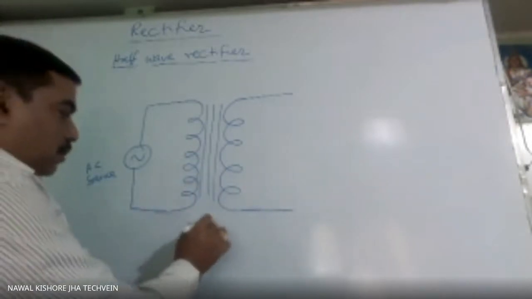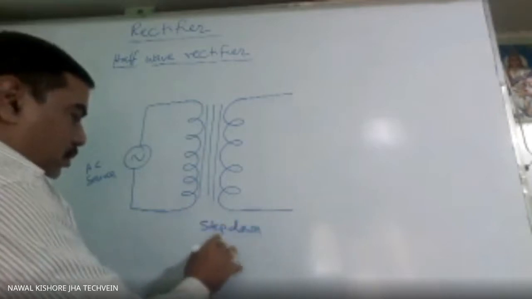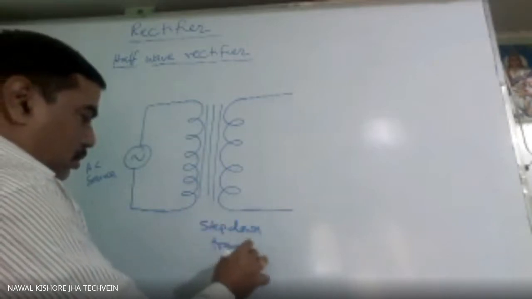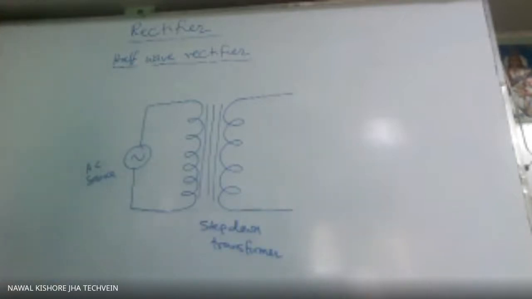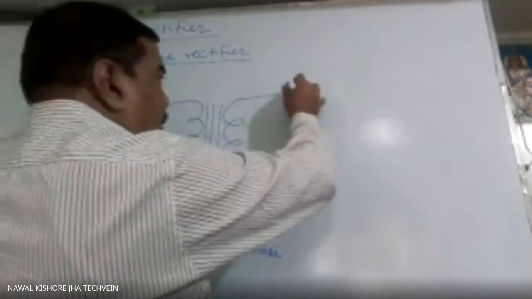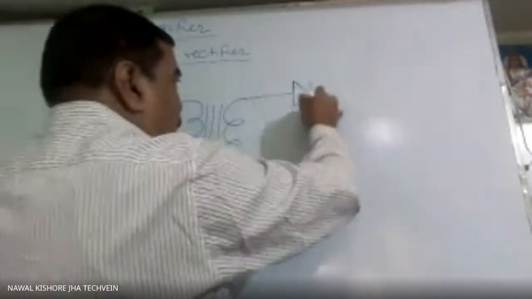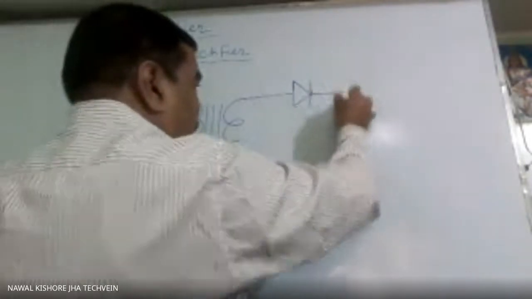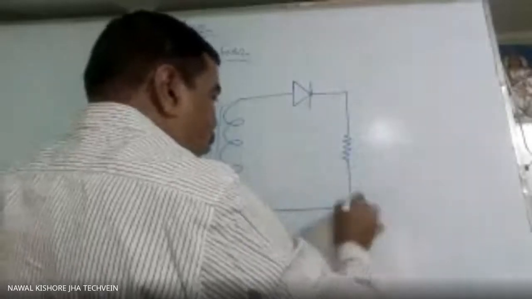So this is the step down transformer. Now here we connect one diode.